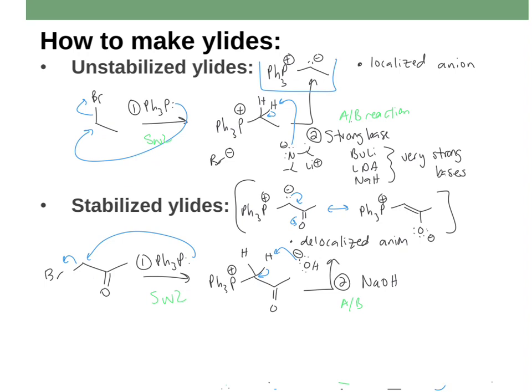And again, these stabilized ylides, because they're stabilized, you can actually buy a lot of them in the ylide form, so you don't even need to do that last acid-base step. So that's how we make the ylides. Let's talk more about how these ylides then do this reaction, how they change this carbonyl into an alkene.